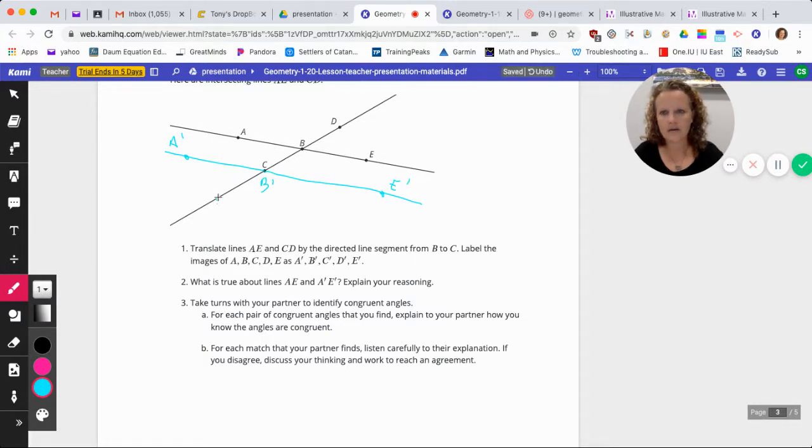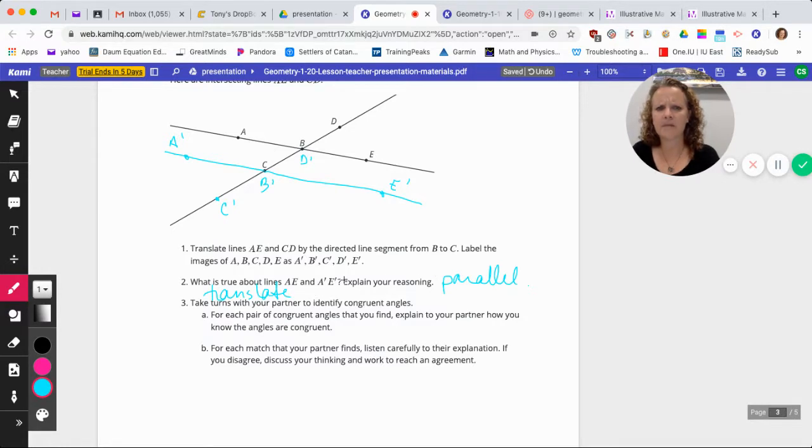I didn't do that part. It's good. Awesome. Which means this would be D prime. I just moved the whole picture down, right? Now, what is true about lines AE and A prime E prime? Well, those are parallel, because we learned earlier that when we translate, remember when we translated that one picture with a bunch of vectors?